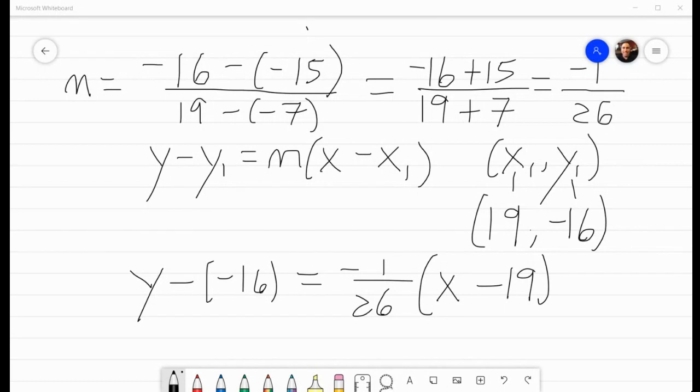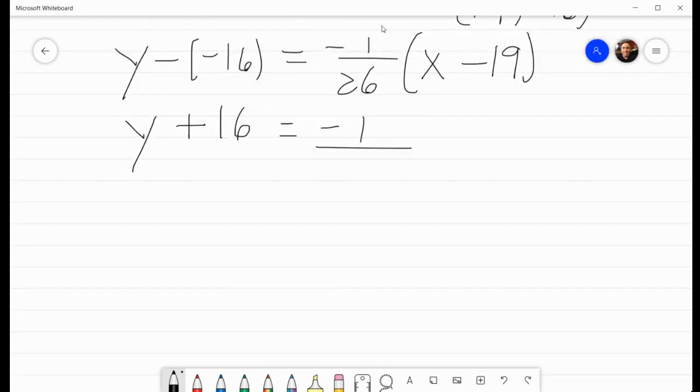Now let me just write it slightly better. It's not wrong what I wrote, but writing it as addition is better. Minus negative as addition is better. So y plus 16 is negative 1 over 26 times x minus 19. So that's what I did.